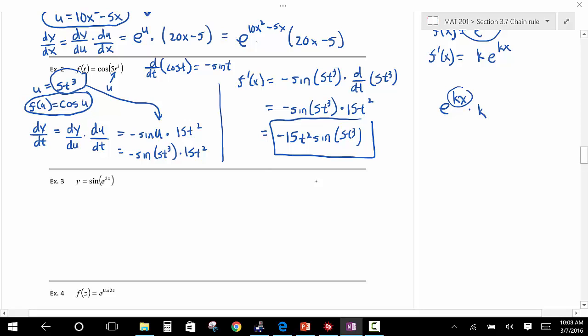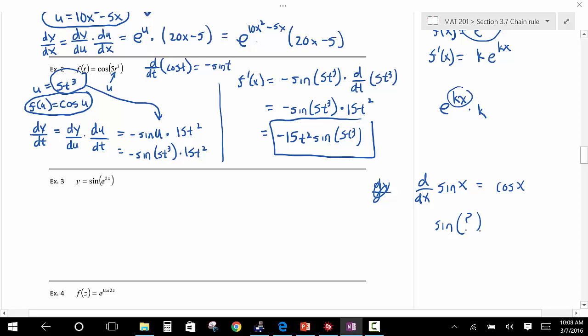So here's what you do. Always think of the basic thing. If you're doing a derivative of the sine of x, what is that? Now we're doing the derivative of the sine of something else.